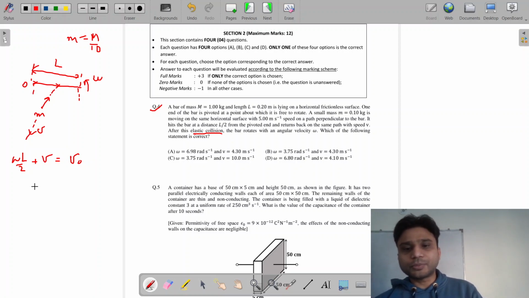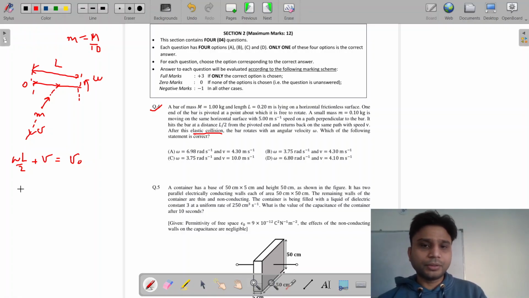Now let us proceed with our equation. We have conservation of angular momentum. The angular momentum of the approaching mass about point O is m v naught L by 2.